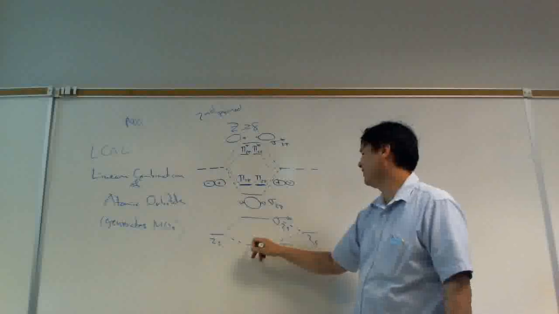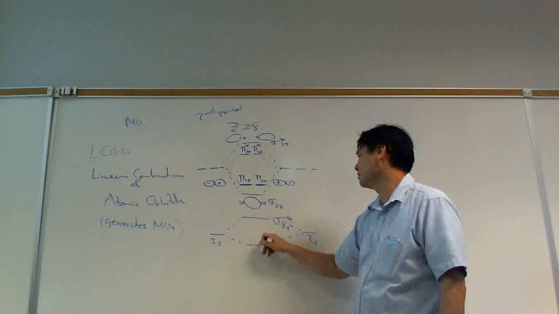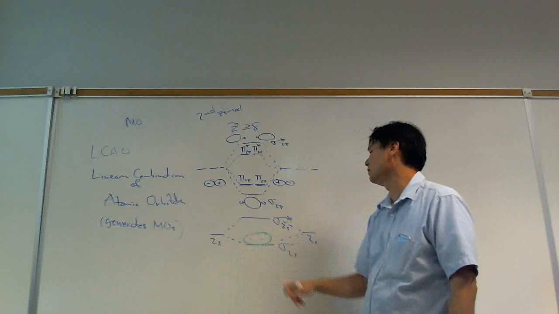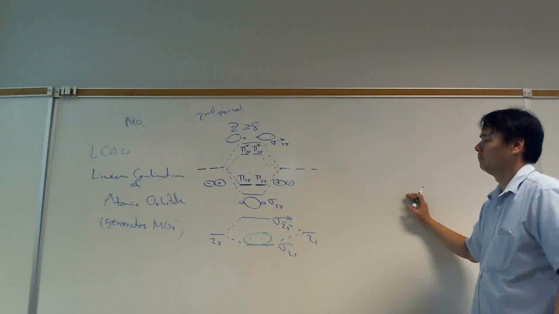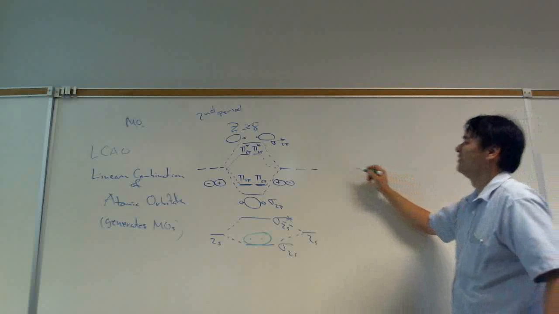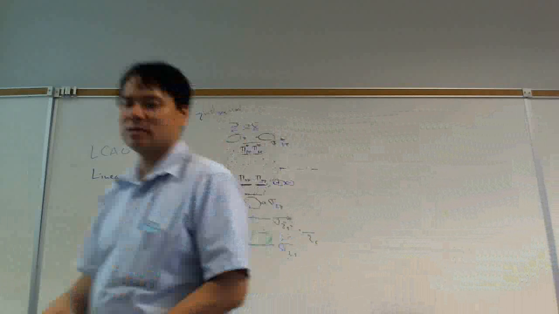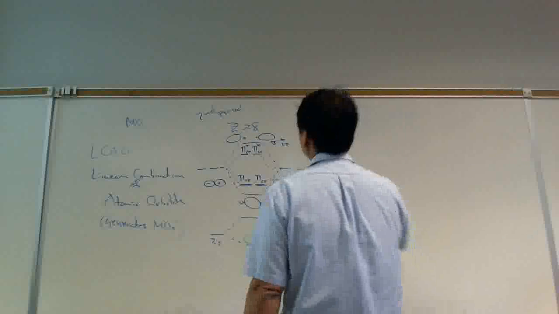So when we look at the 2s, I'll label the 2s in green here. The 2s is like this. And the 2p are less penetrating. And so this is what's going to happen when we have a large Z. This is not to scale here.